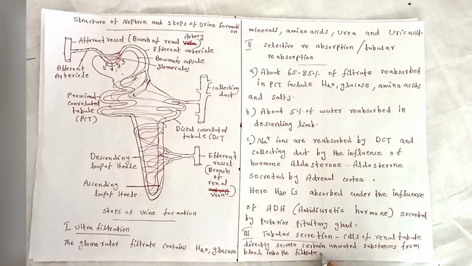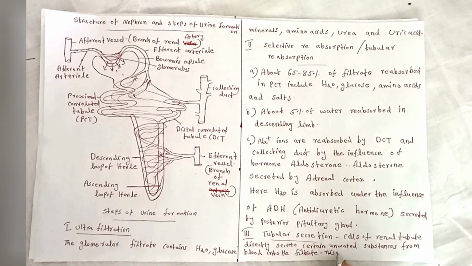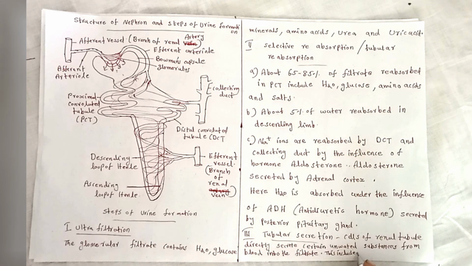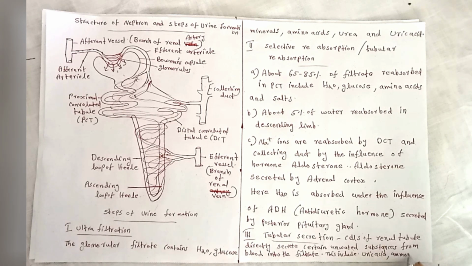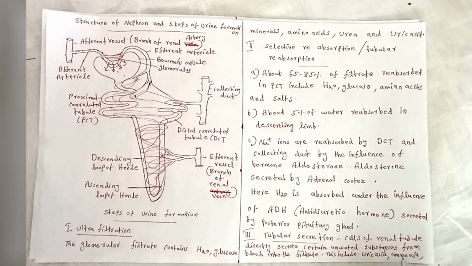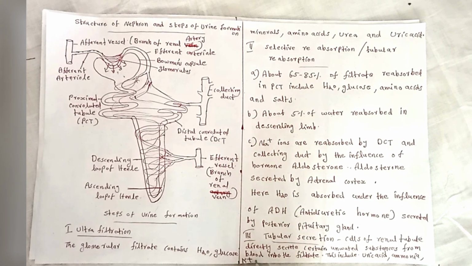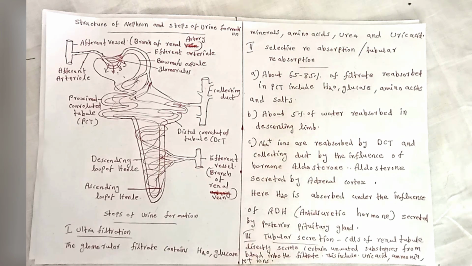This includes uric acid, ammonia, potassium ion, K plus ions. The filtrate is now known as urine.